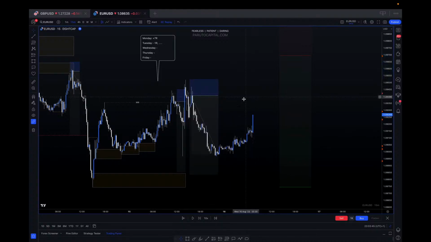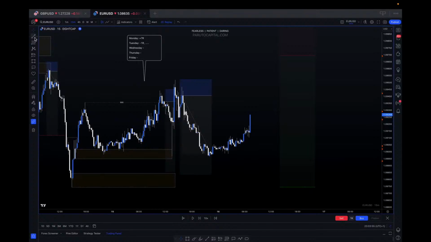So we're going to see how that plays out Wednesday. Now Wednesday's here, so let's analyze price and see what we've got. Here you can see this is a sweep of liquidity. Oh, interesting.